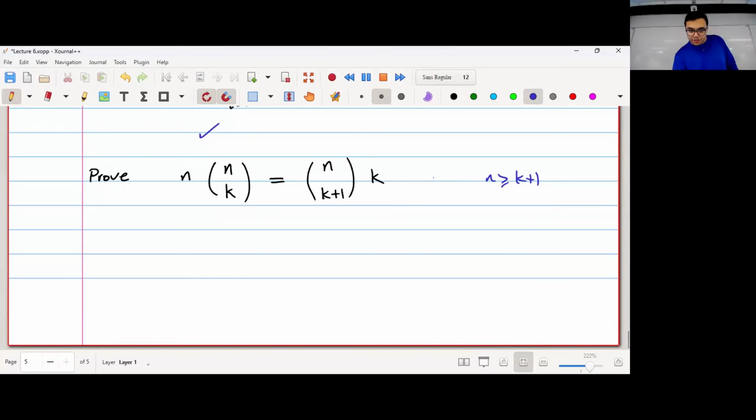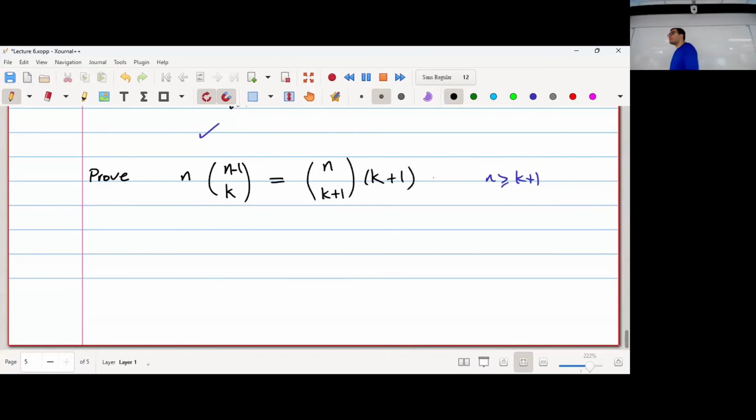Oh, sorry, I have another thing here. N times n minus 1 choose k is equal to n choose k plus 1 times, well, am I doing this wrong again, k plus 1?